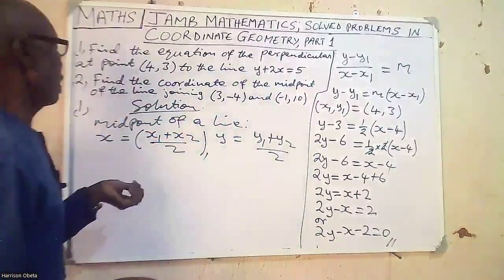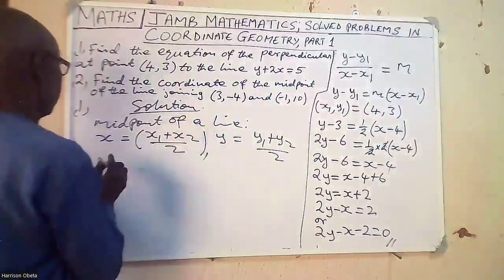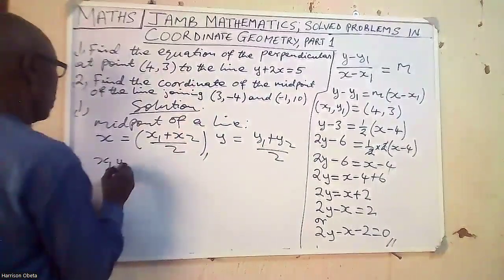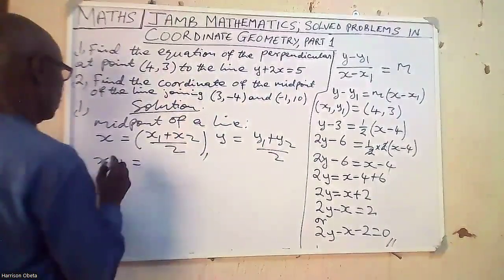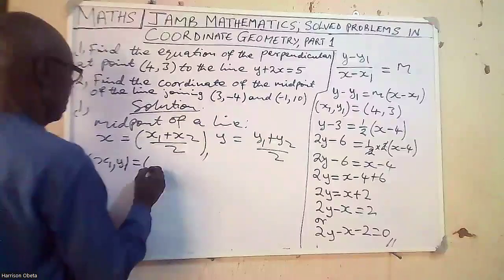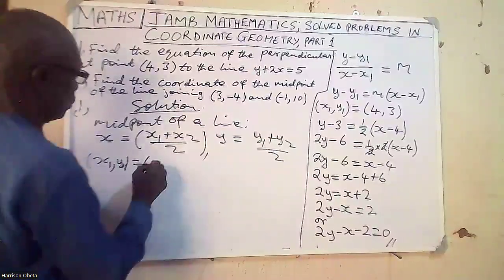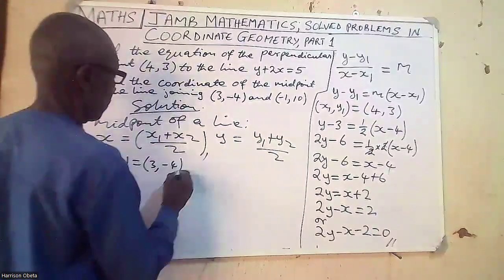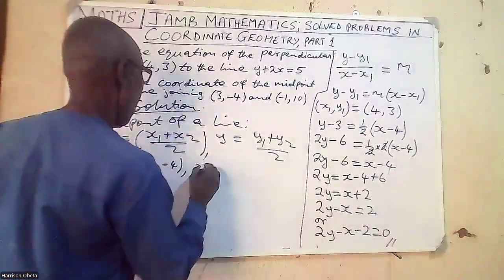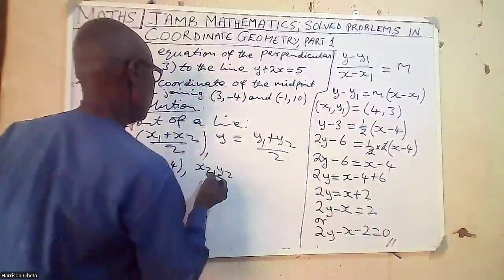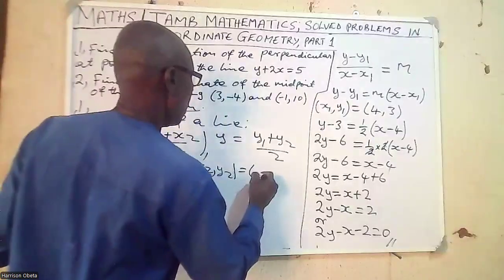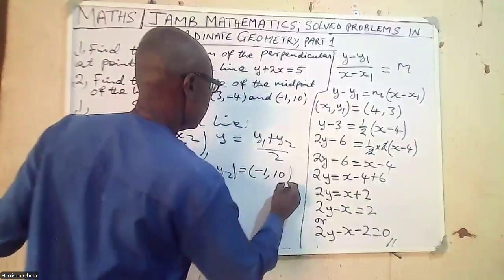So from here we have our x1, y1 is equal to 3, comma minus 4, and then x2, y2 is equal to minus 1, comma 10.